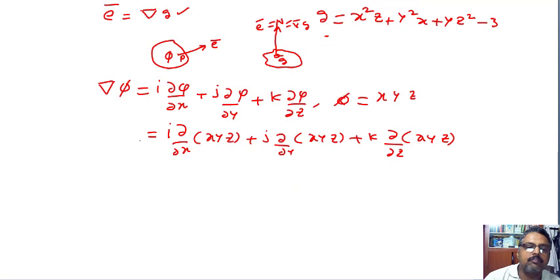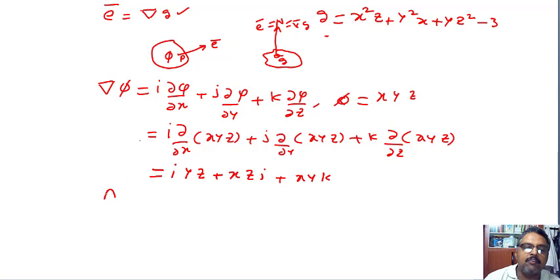The partial derivative with respect to x is yz, with respect to y is xz, into j, and with respect to z is xy, into k.